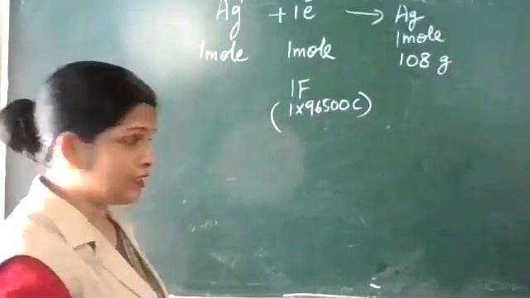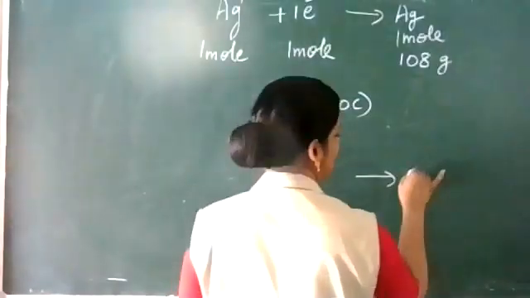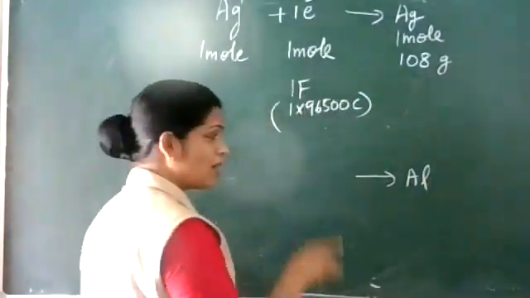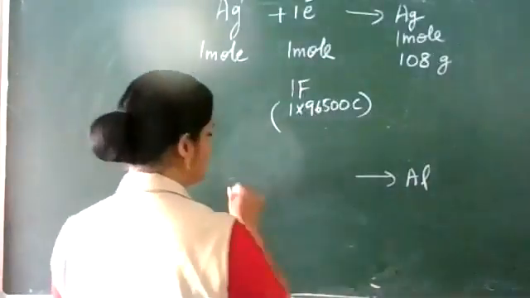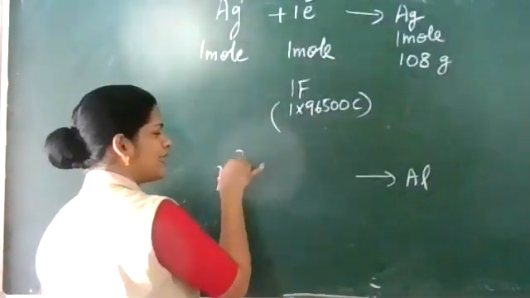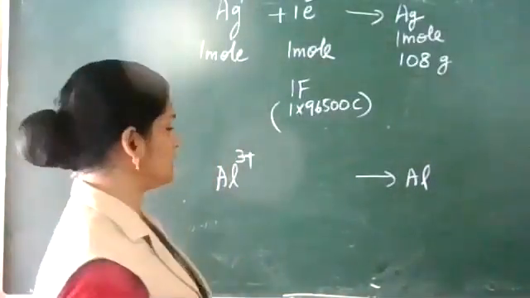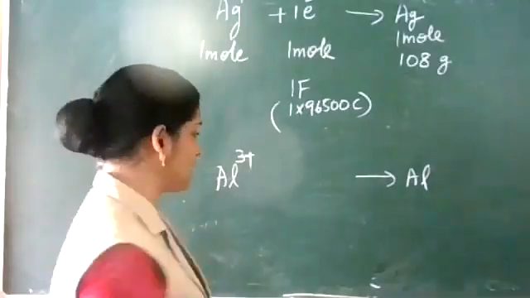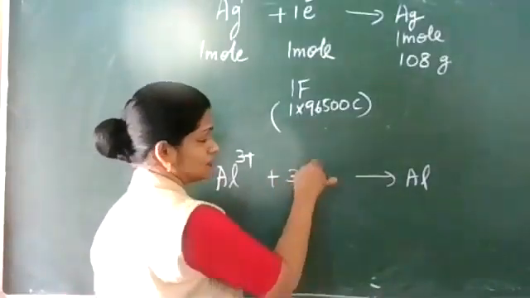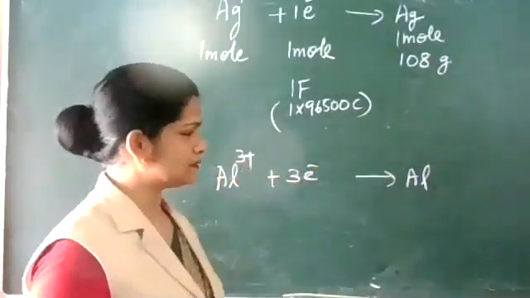Now consider aluminum. To get aluminum deposit, 1 atom of aluminum will be obtained from 1 Al3+ ion. 1 Al3+ ion requires 3 electrons.